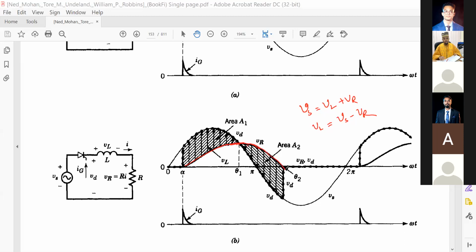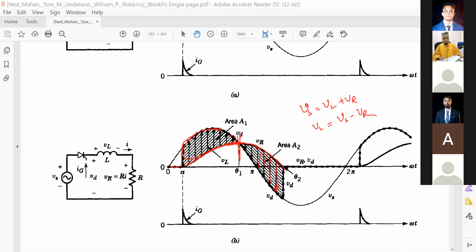Follow my red mark. And this is your Vs. So this Vs minus VR will be positive, so that has been shown here, although I have shown it in a different way. And after the peak value of the current, this VL will be negative. That is why they have shown this one.